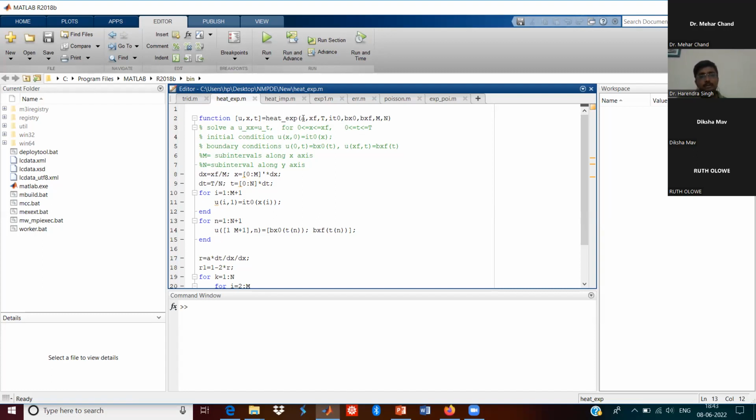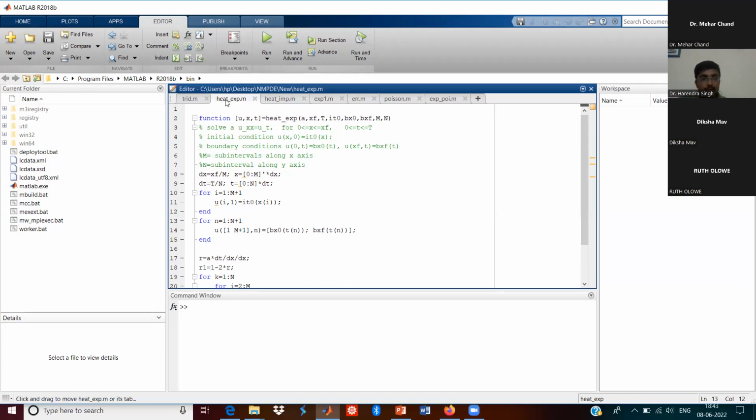When you save your MATLAB program, you should be careful that the program is named according to this, heat_exp. So this is the name of the program.